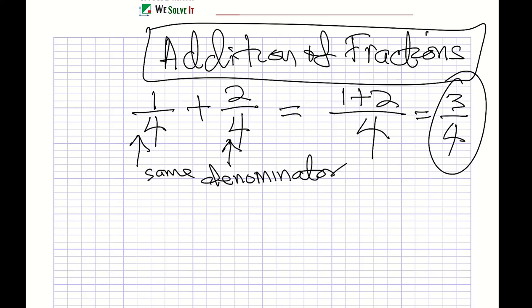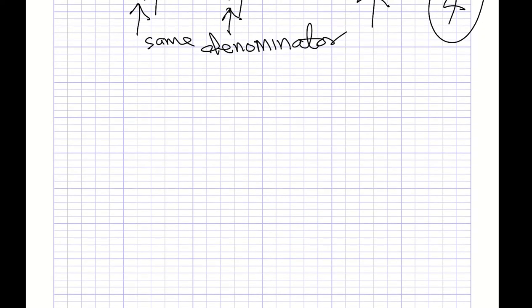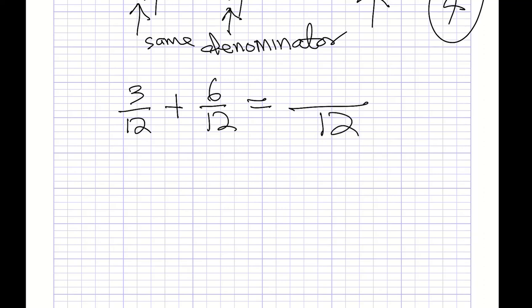So let's give you another example. 3 over 12 plus 6 over 12. Notice they have the same denominator, right? You do the same thing we did over there. You write the denominator 12, and then you add the things on top, which is 3 plus 6.